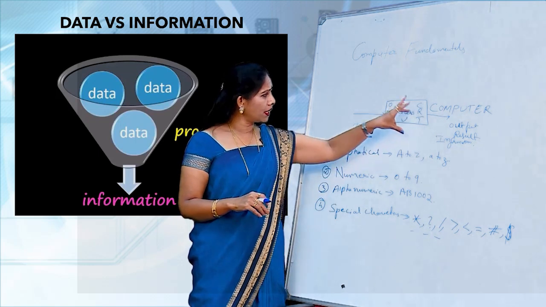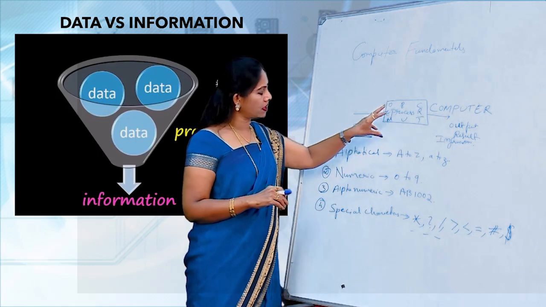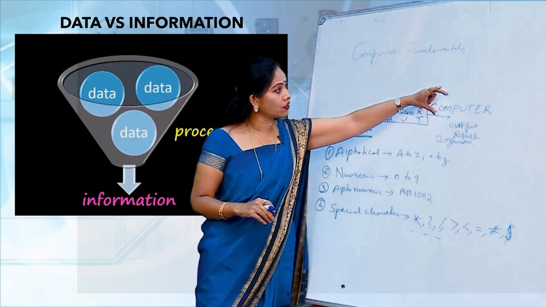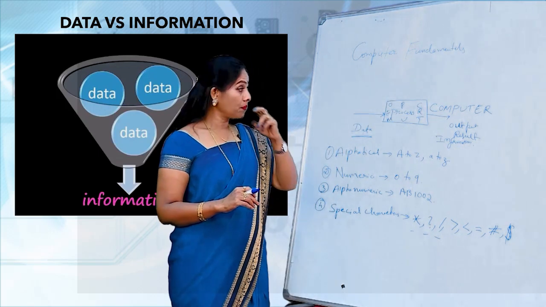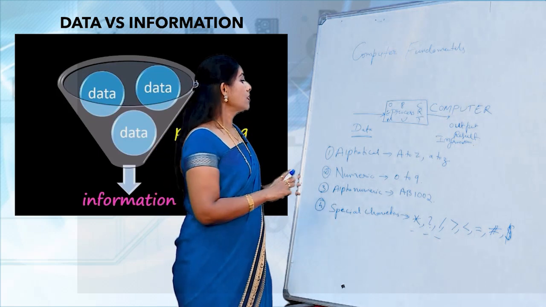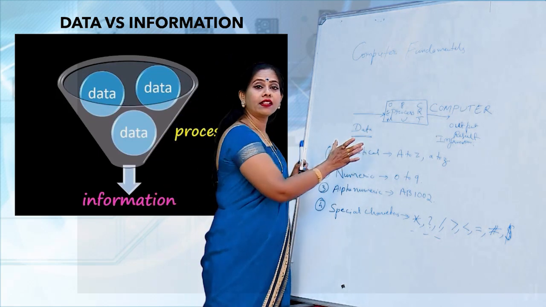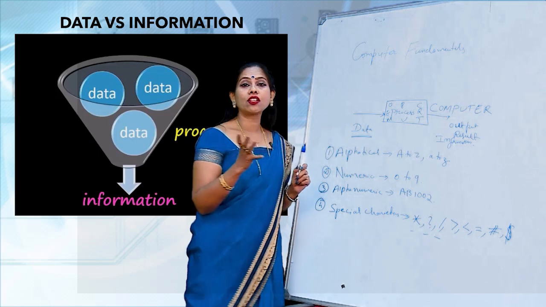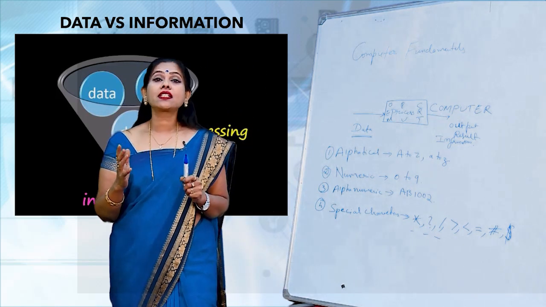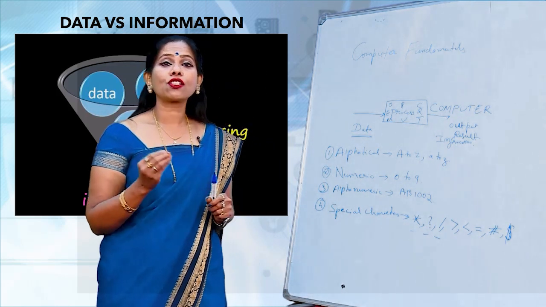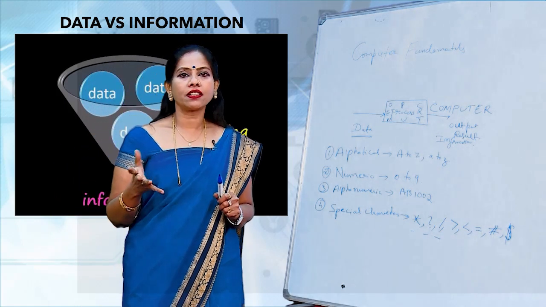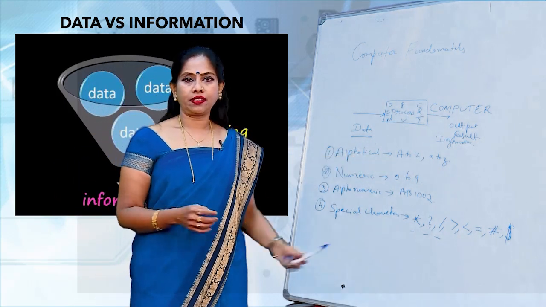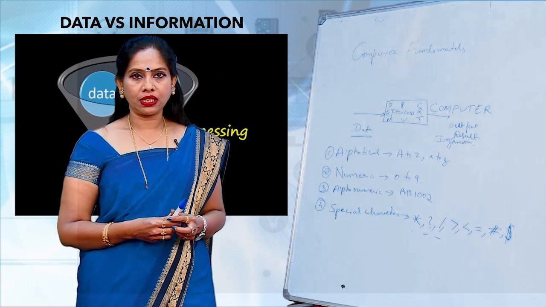Here you can't make out, you can only see the alphabets. When it is processed, it gives you the word computer. Computer is nothing but information, it is processed data. So now you know the meaning of data and information. Data doesn't have any meaning, it is just raw facts or figures. Information means it is processed data. So it is very clear here. Hope you have understood this.